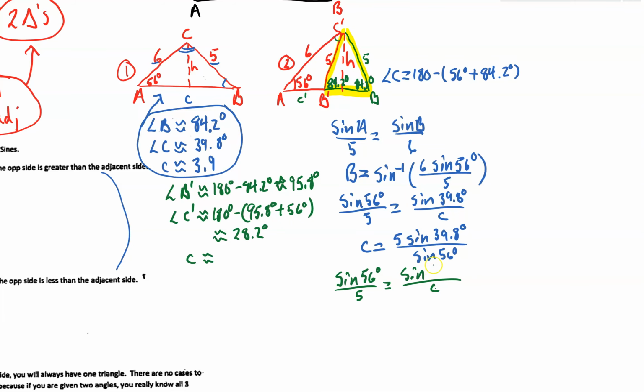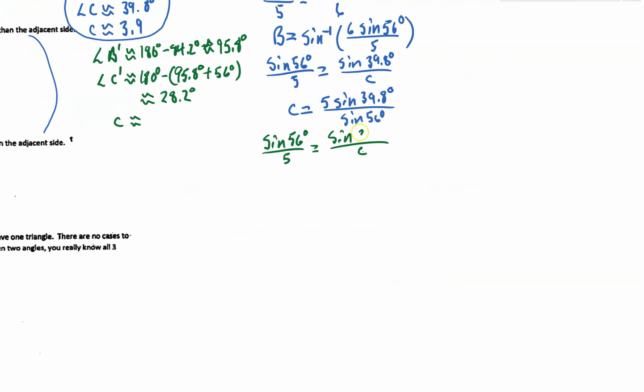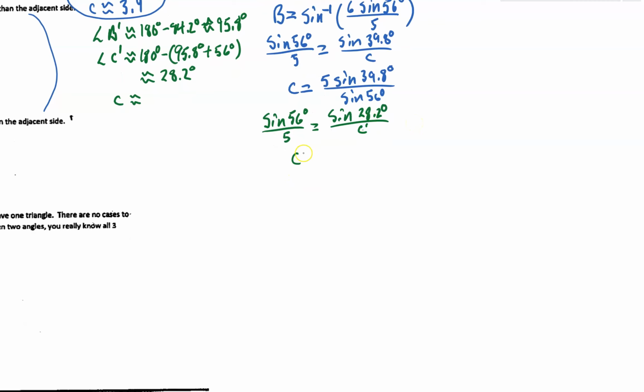This should say sine of 28.2 degrees, and I'm going to find C. So now this is not just C, but C prime. So C prime is going to be 5 sine of 28.2 degrees over the sine of 56 degrees.